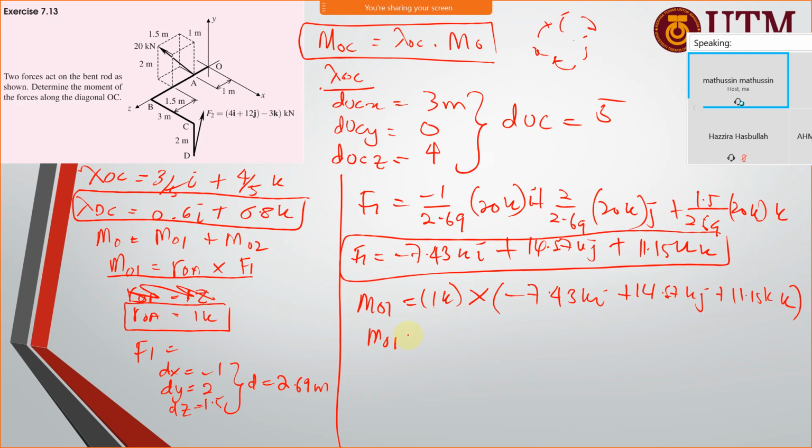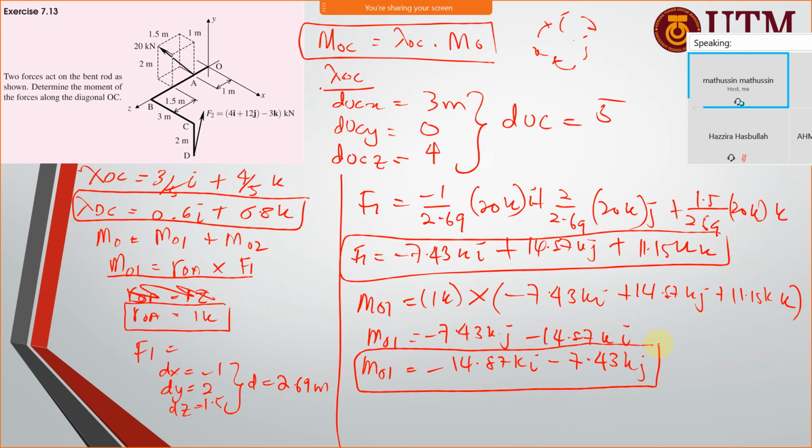So MO1 must be negative 7.43 kN j. Next, k cross j must be negative i, so tolak 14.87 kN i. k cross k is 0. Dan yang tinggal hanyalah MO1 sama dengan negatif 14.87 kN i tolak 7.43 kN j. Okay, this is our MO for force number 1.